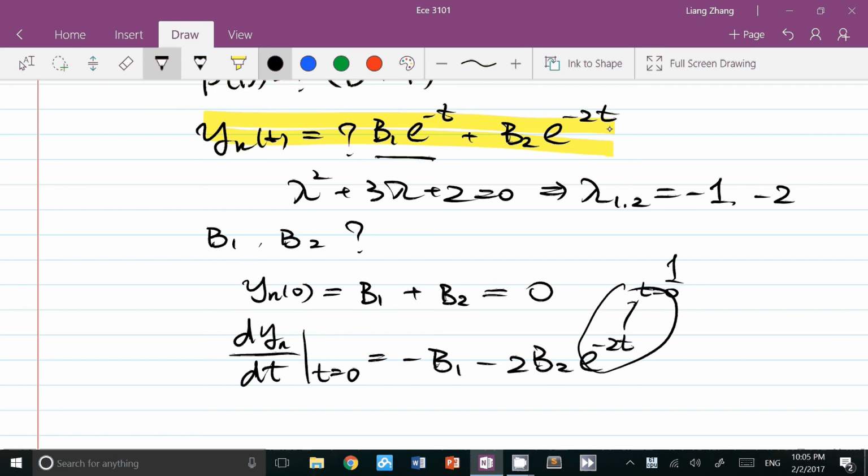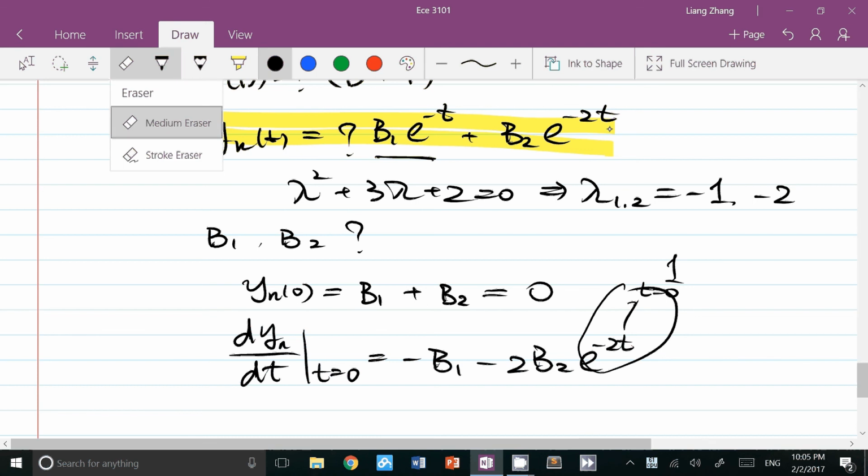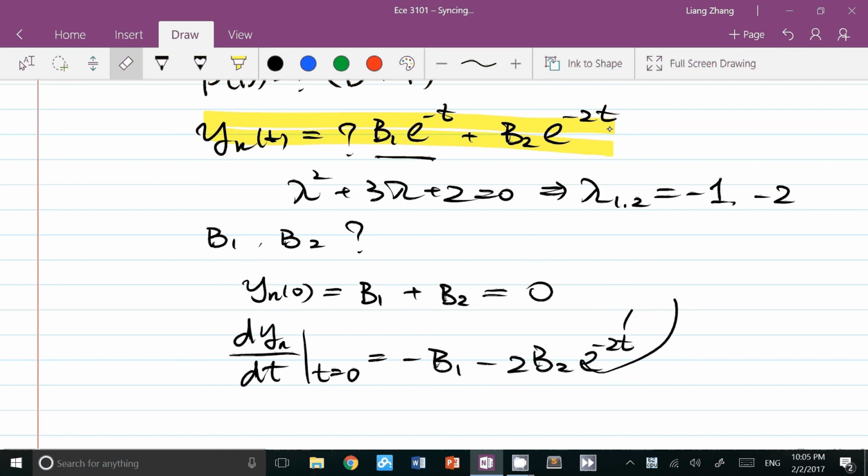As a result, we can simply erase this term from the equation since it's equal to 1. And for this initial condition, since this is the last equation we need to solve for the b coefficients, we'll set it to 1. Okay.